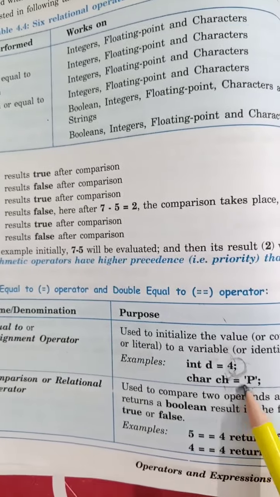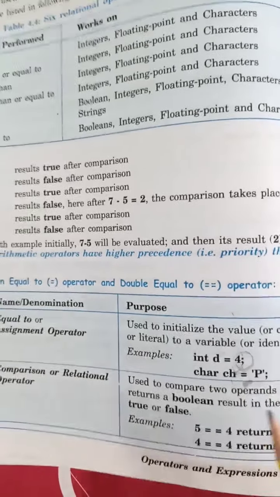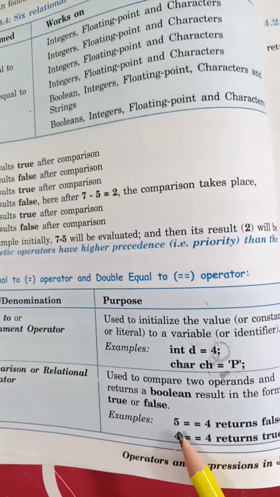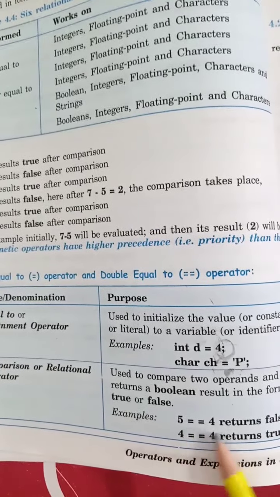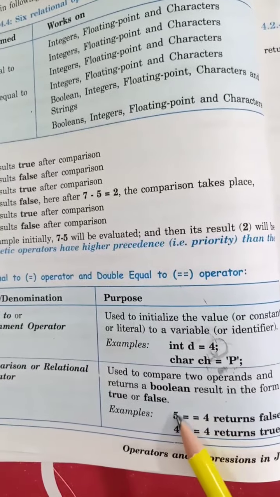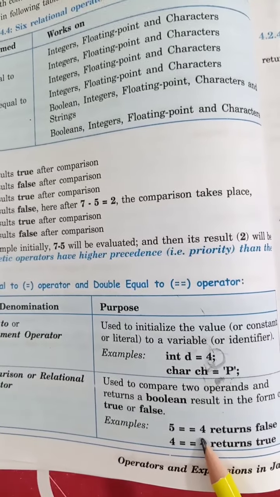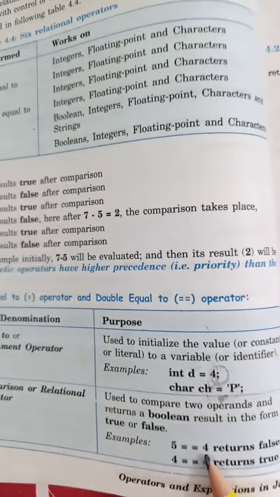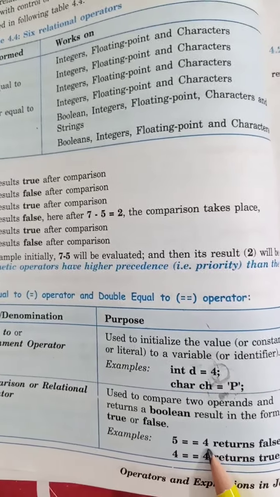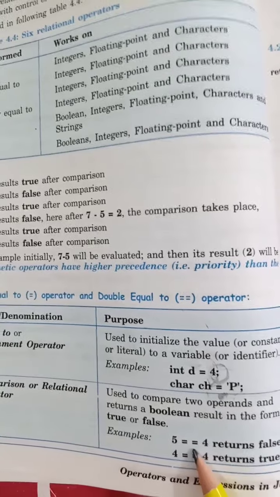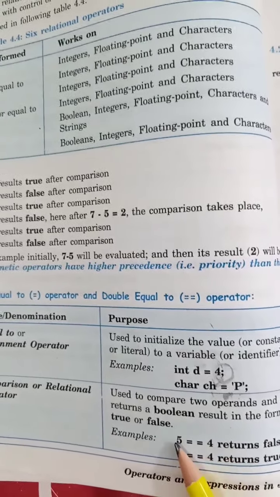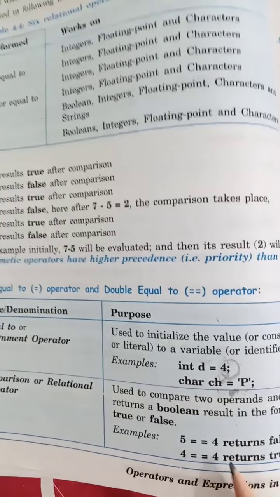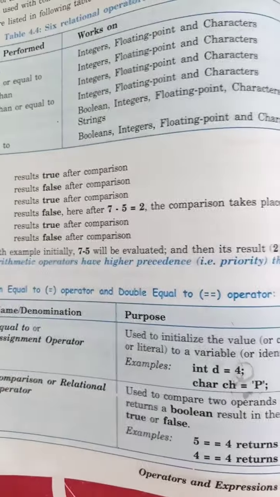So single equal to means assignment operator, and double equal to means comparison operator. If you are comparing 5 and 4, 5 double equals to 4 will give you the result false, as 5 is not equal to 4. This operator will compare the right hand side value and the left hand side value. If both are equal, you will be getting true, otherwise you will be getting false as the answer.